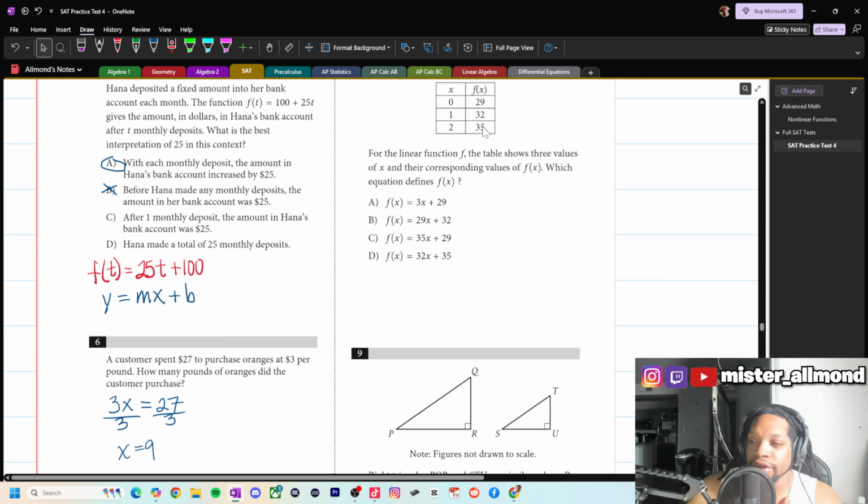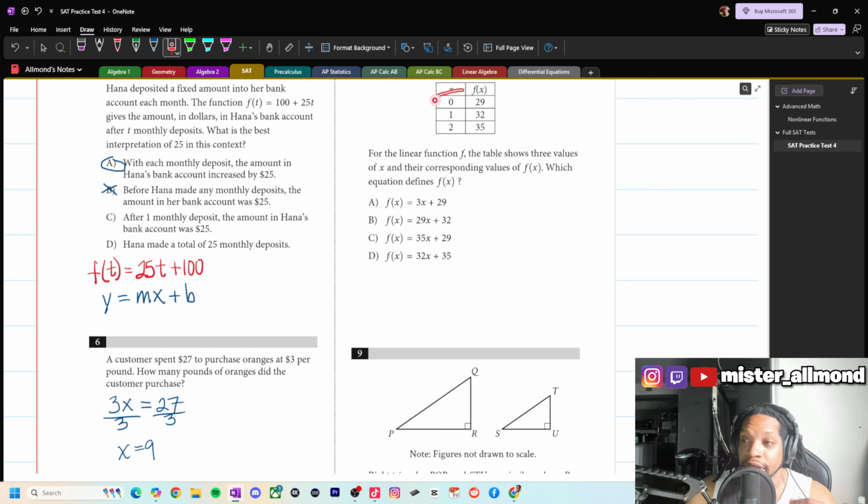And then it goes from 32 to 35, that's also up 3. So it looks like the slope is 3. There is only one answer choice with a slope of 3. And if x was 0, 3 times 0 plus 29 is 29. So that agrees with the table. I don't know about you, but it's looking like A.